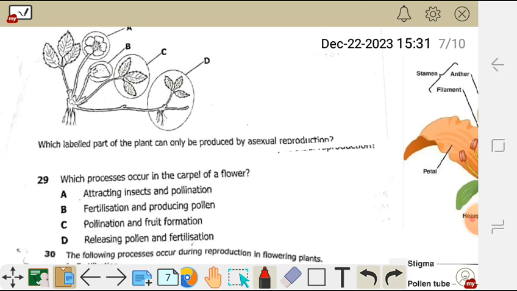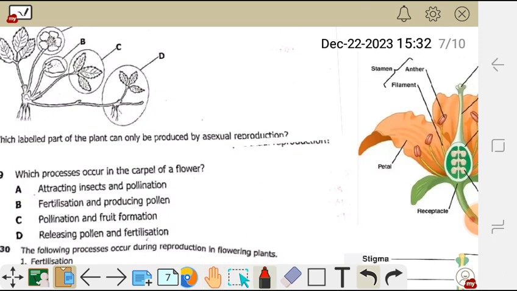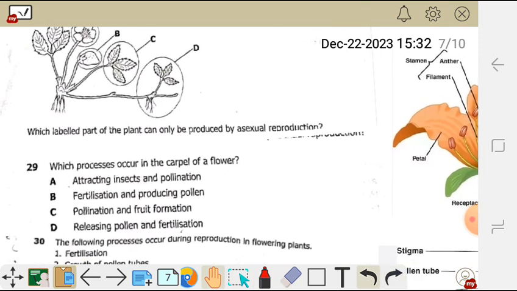The petals are the ones which attract the insects. Then B, we have fertilization and producing of pollen. Pollen is produced in the male part by the anther, not in the female. So fertilization and producing of pollen is wrong.